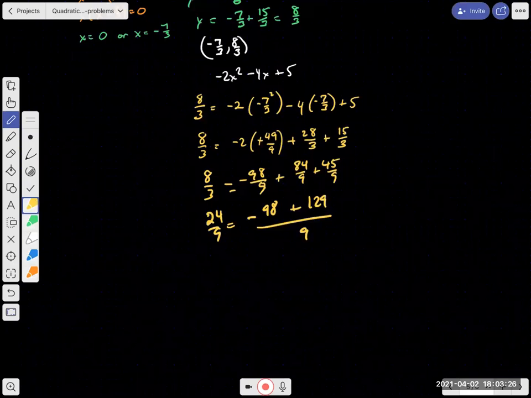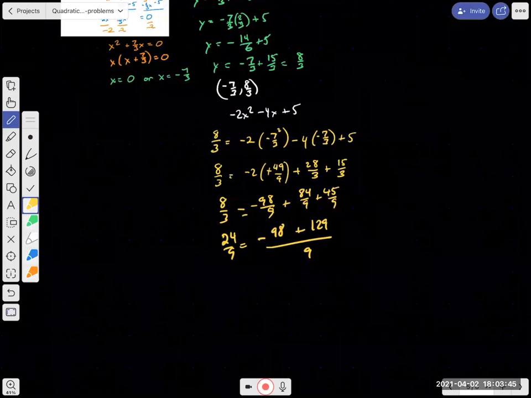So it looks like it's slightly off. 31 ninths is what we get there. So it doesn't seem like we've got the right answer for that one.